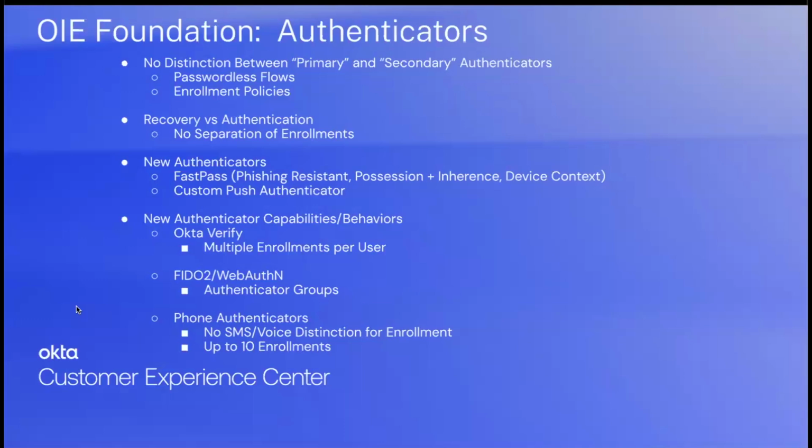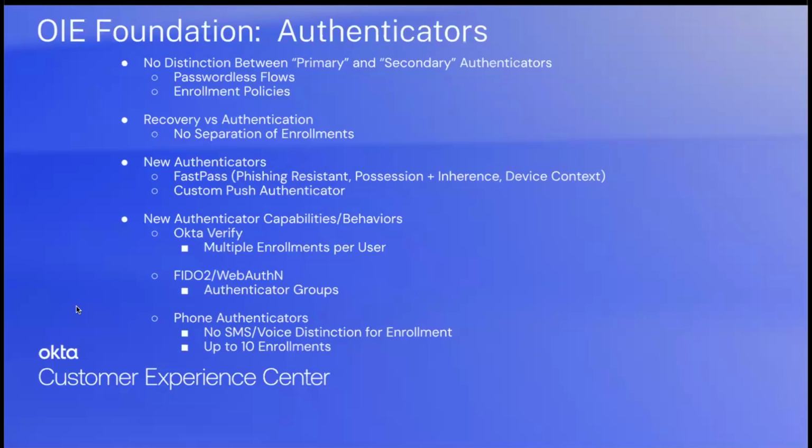In addition, there's no longer any distinction between recovery authenticators versus authenticators for SSO or authentication purposes, right? So in Classic, you could register a phone for SMS or voice call for recovery, and that could be a completely separate number from the phone that you enroll for SSO purposes or for MFA purposes.